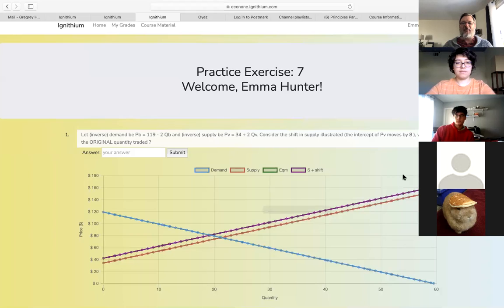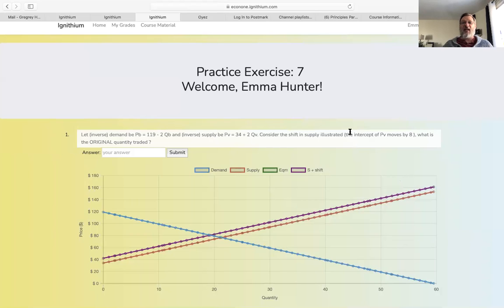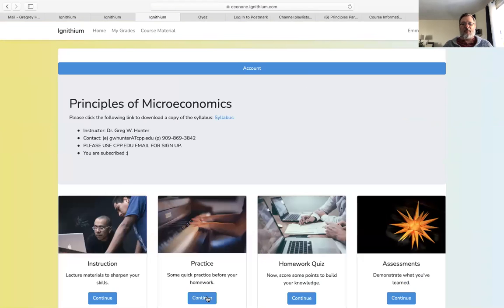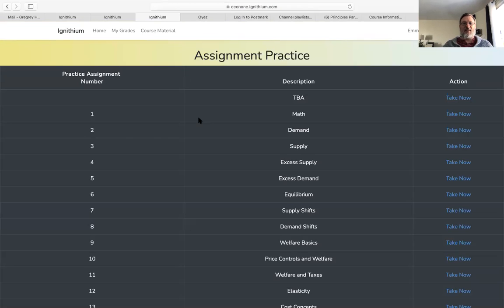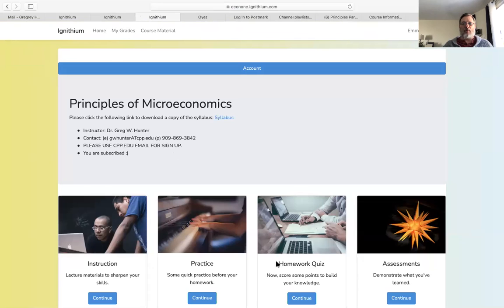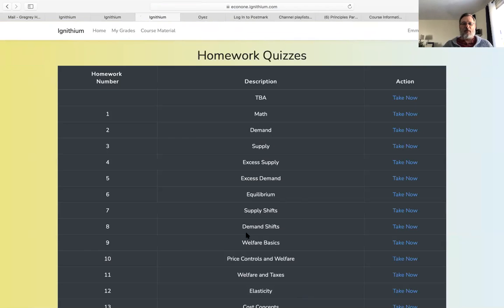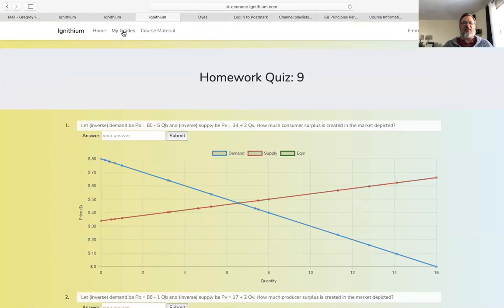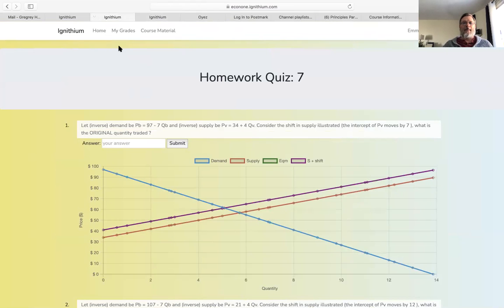I'm going back to Ignithium because the other thing that we have on our to-do list for this week is practice and homework for assignment number 9. So I'm pulling up the homework for number 9. This is our welfare basics, okay?